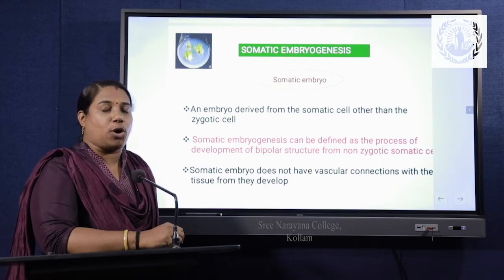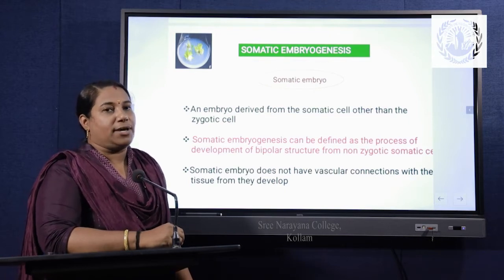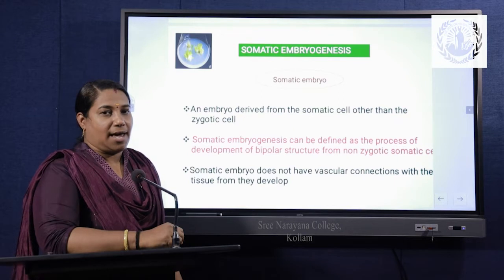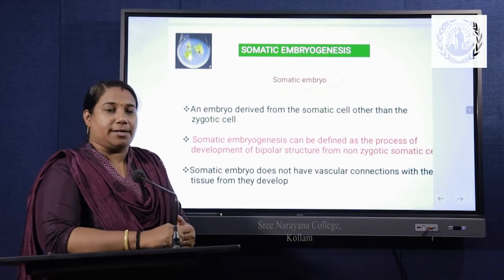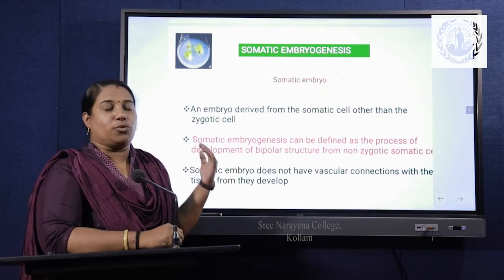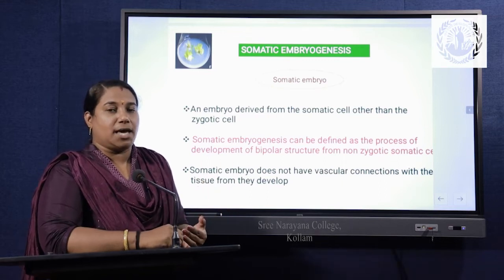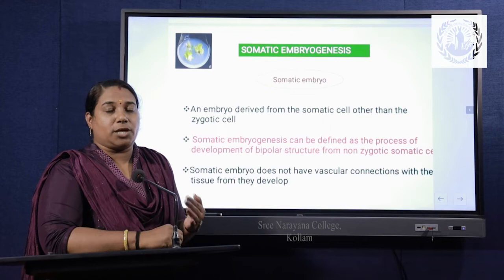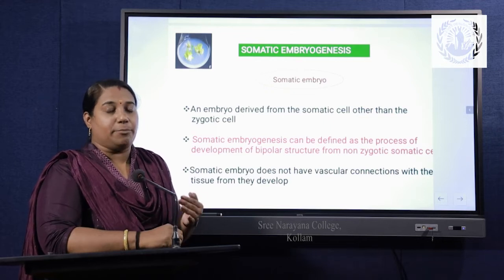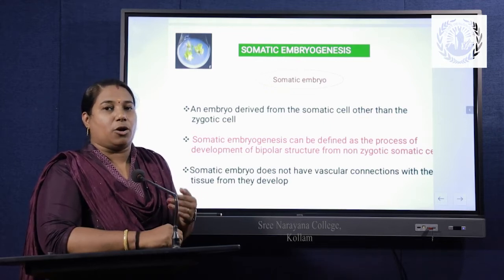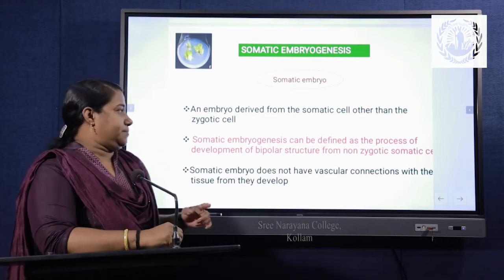Here, the zygote is formed from the fusion of male and female gametes, and from that zygote, embryos develop through various stages. In somatic embryogenesis, there are no zygotic cells, but the embryos develop from a non-zygotic cell.